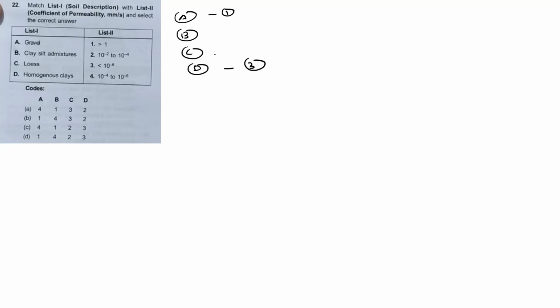And loess has a high permeability like the clay silt admixture, so C will match with 2, and B will match with 4. So 1, 4, 2, 3, option number D is the answer for question 22.